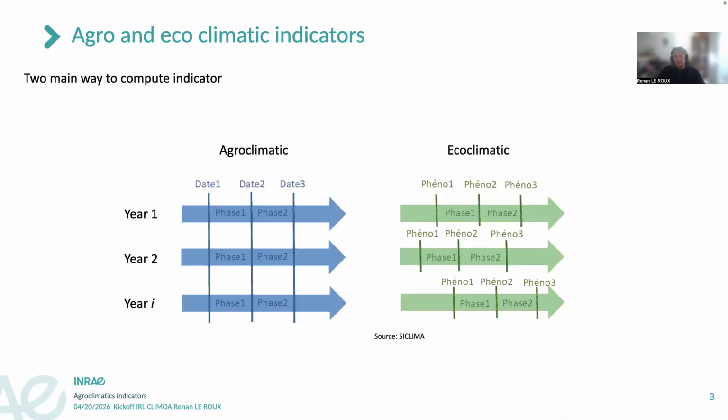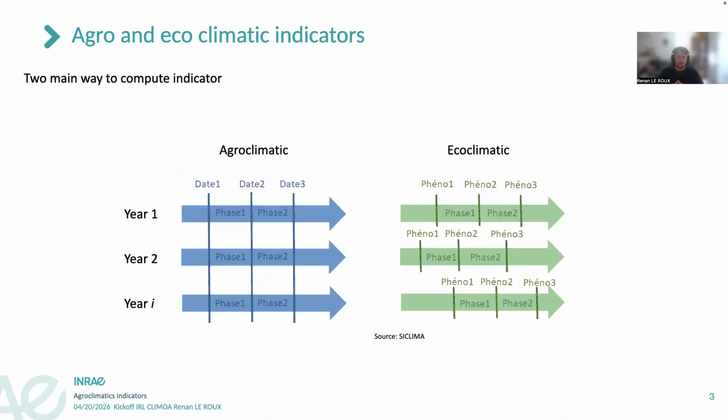So we now use two main kinds of indicators. The first one, the most famous and most used one, is the agroclimatic indicators. You compute an indicator between two dates every year. For example, the number of days of frost during the month of April.